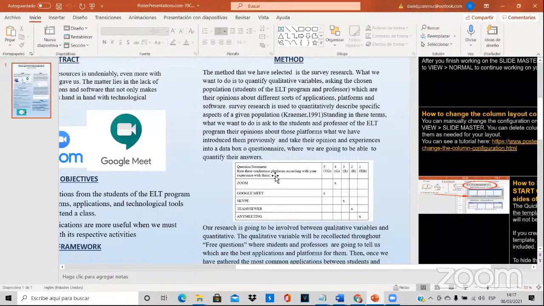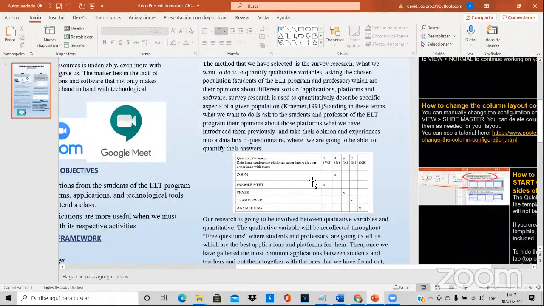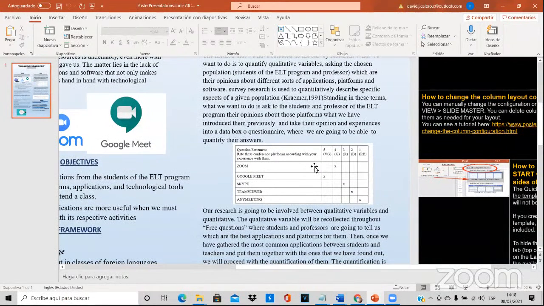And here we've designed how the quantification of the variables would be. By quantification, we mean dealing with numbers. So we thought that working with numbers would give us a more specific and more general answer, and would be more accurate.